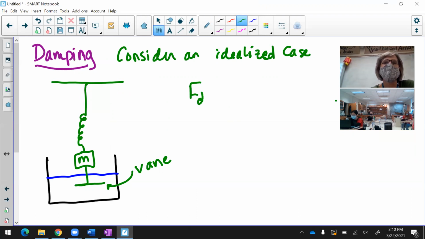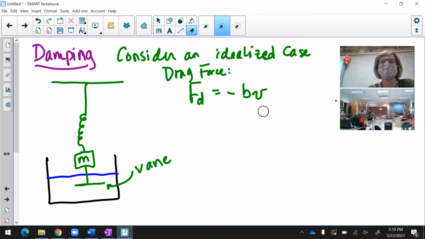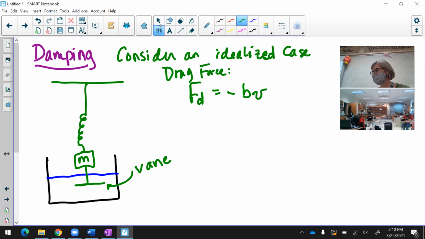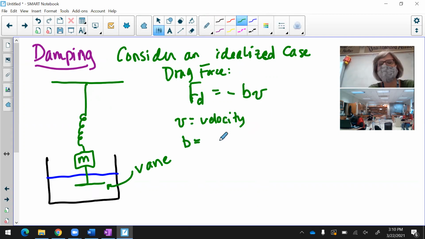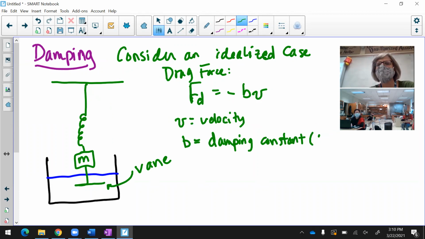So we say that we model that drag force as negative BV, where V is velocity, and B is going to be the damping constant, which is measured in kilograms per second, because it just needs to be in order to make the units work out.